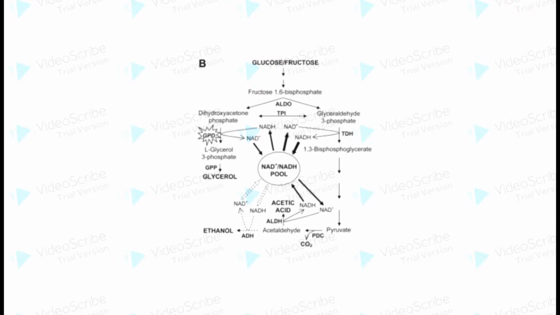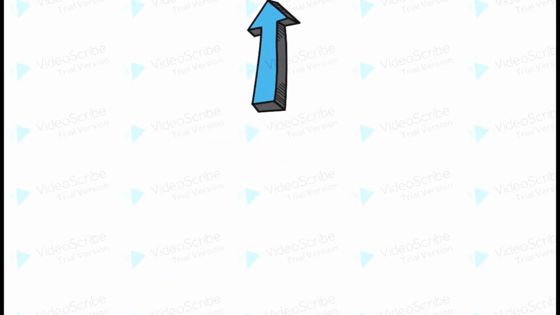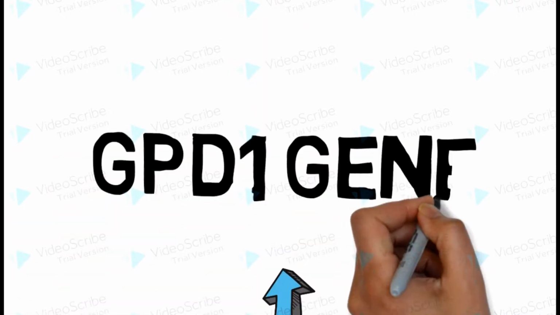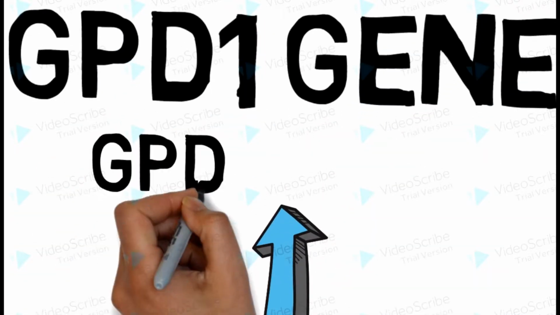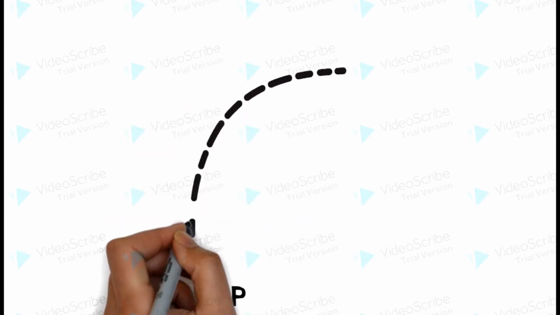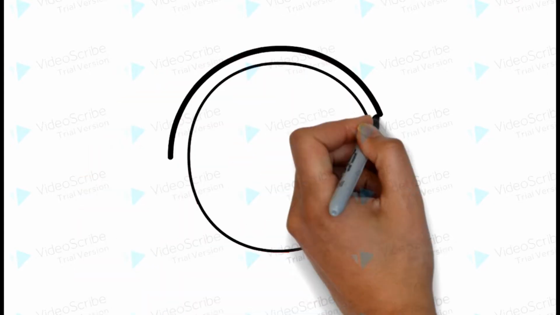Genetic modifications have been trialed to analyze the effects on yeast metabolism through regulating genes within the glycolytic pathway. Upregulating the GPD1 and GPD2 genes, responsible for reductively converting dihydroxyacetone phosphate, DHAP, to glycerol 3-phosphate, G3P, which is subsequently dephosphorylated to glycerol by glycerol 3-phosphatase.